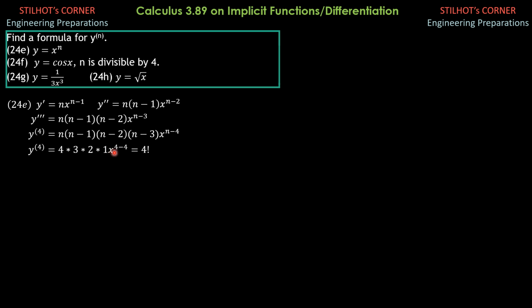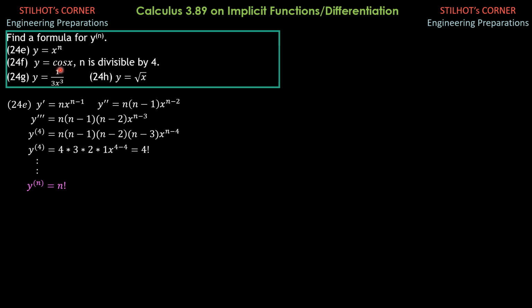And x to the 4 minus 4 is x to the 0, and that is 1. So that's why the result is just 4 factorial. In general, therefore, the nth derivative of x to the n is simply n factorial. If there is a question on the n plus 1 derivative, then because this is constant, it is 0.